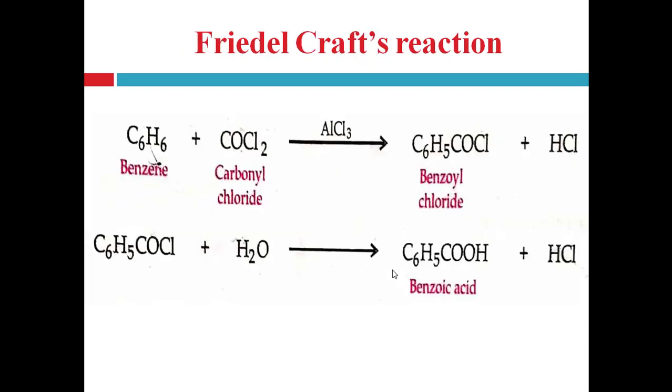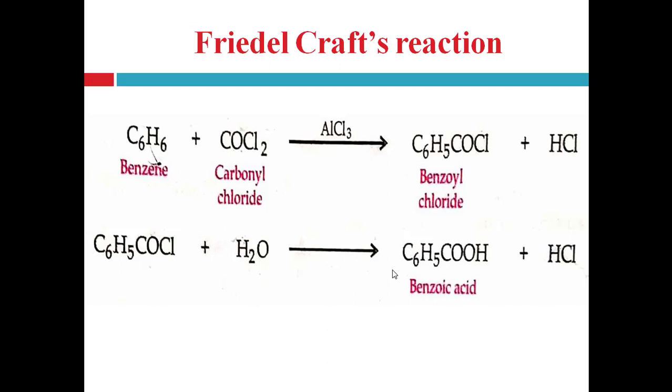So the first one is the Friedel-Crafts reaction. As we know, the benzene ring or aromatic ring can easily undergo Friedel-Crafts reactions, right? And for the Friedel-Crafts reaction, aluminum chloride or another Lewis acid is required as a catalyst.